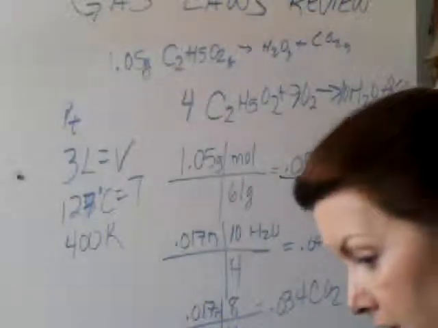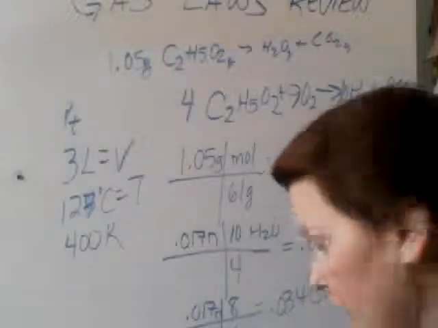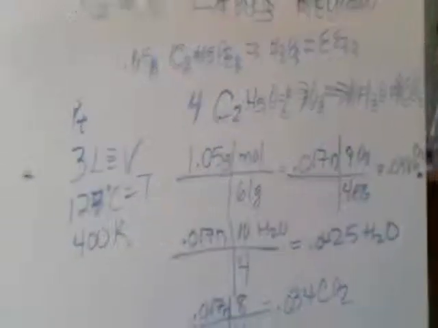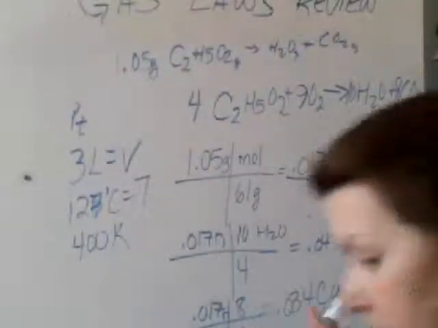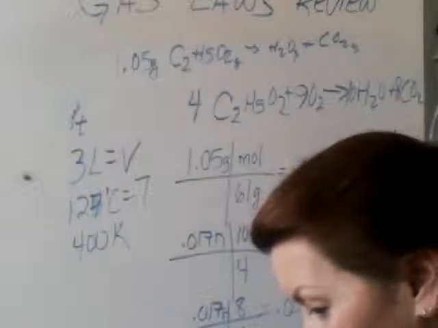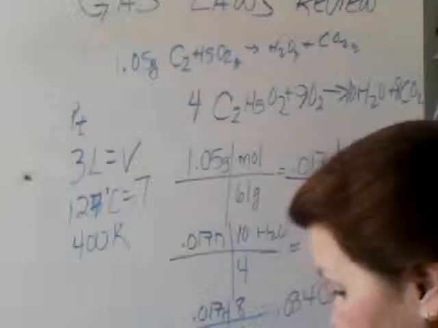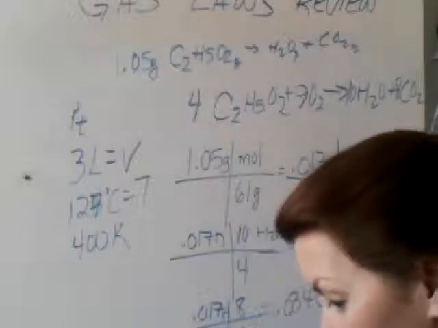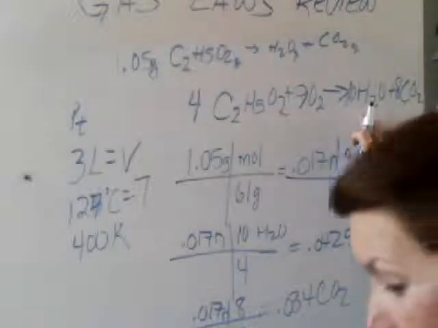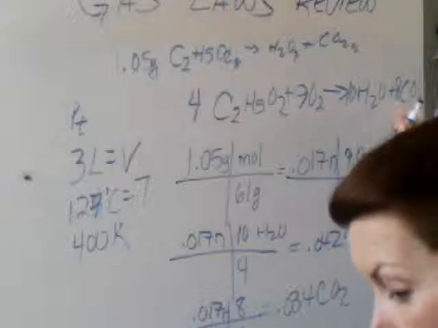So after we've done all that, how does that help us determine our pressure? Well, we know that we're going to combust all of those things, and so we can add them together to figure out the total number of moles in the reaction. Our products are going to be water and carbon dioxide.